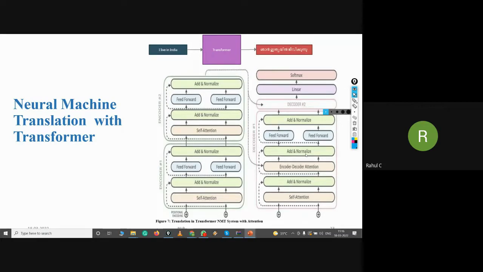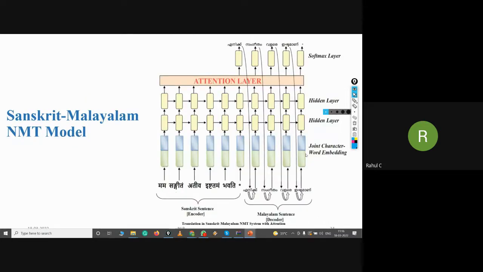So this is exactly what we did, a translation from Sanskrit to Malayalam, Sanskrit sentences to Malayalam sentences. This is known as an attention mechanism. The input sentences are converted into a joint character word embedding, then hidden layers, then the attention mechanism, and finally a softmax layer in order to produce the output.